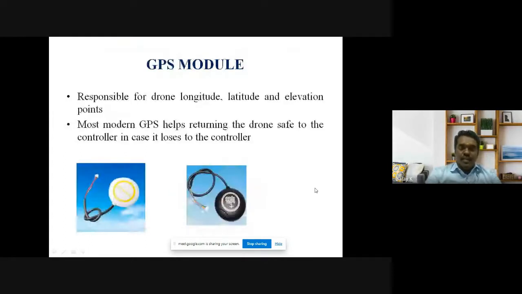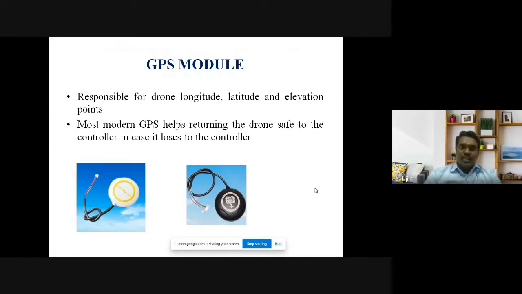Next is the GPS module. The GPS module is responsible for the drone's longitude, latitude, and elevation points. If you want to fix the drone, or if the drone should go to exactly one place, for example an environmental survey on hill stations or other places, once we fix the longitude, latitude, and elevation points, the drone will reach that particular place, capture the images and come back.